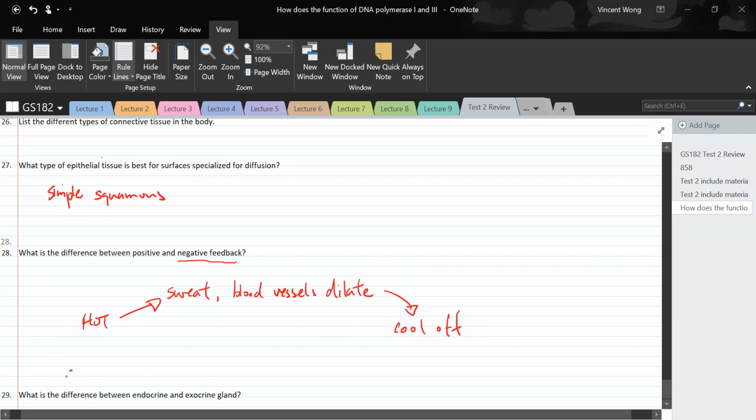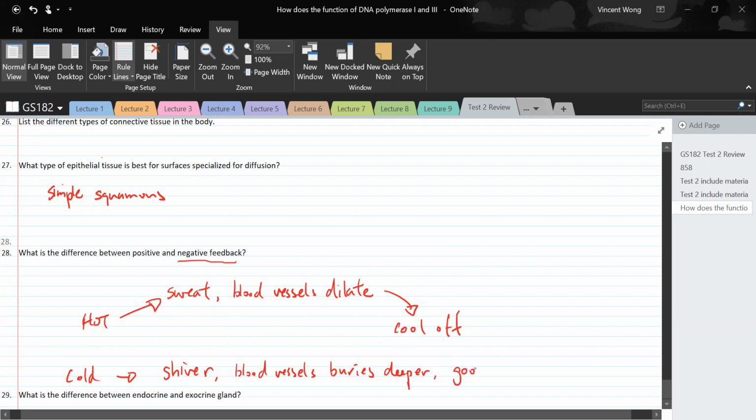Similarly, if it's too cold, then we shiver. Maybe you put on a jacket. Well, that's not actually it. We talk about things that your body does, right? Shiver. Your blood vessels bury themselves deeper into the body, right?